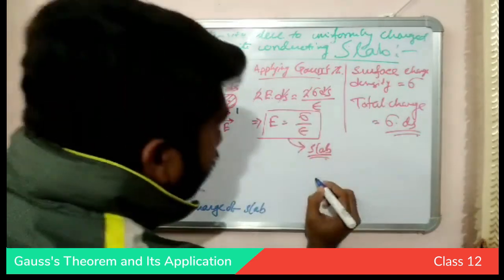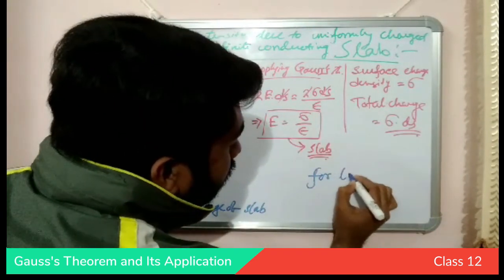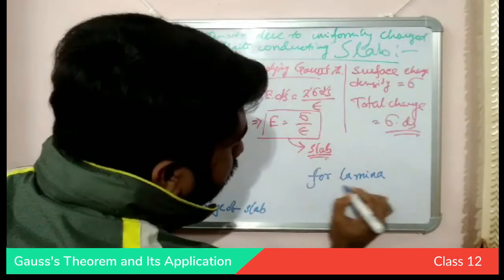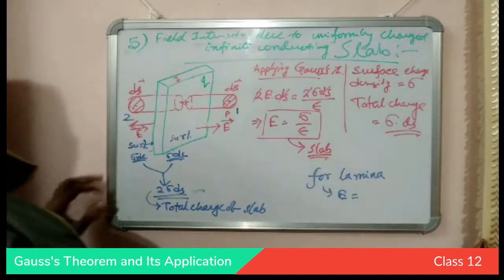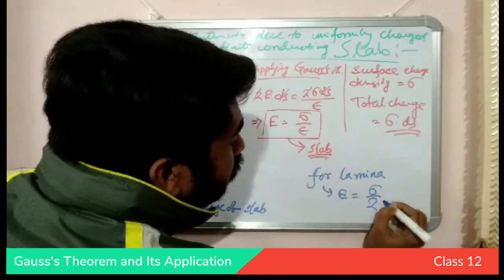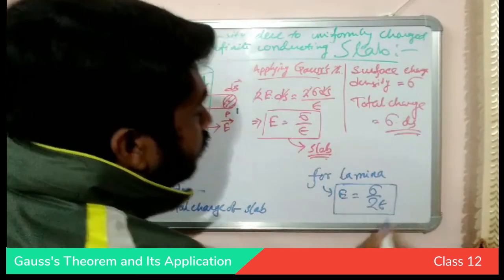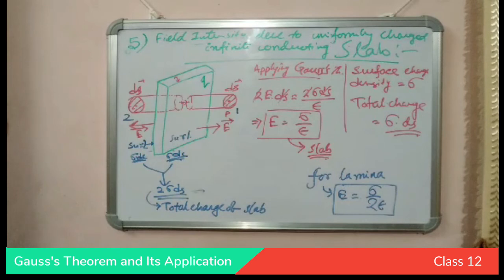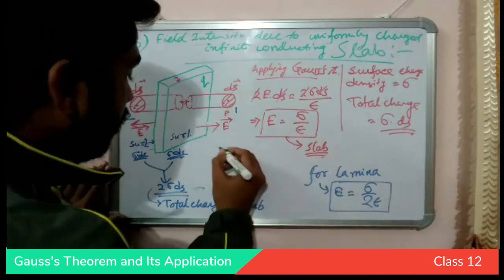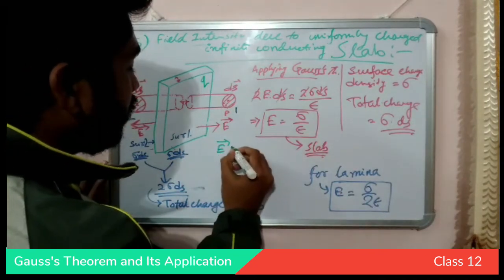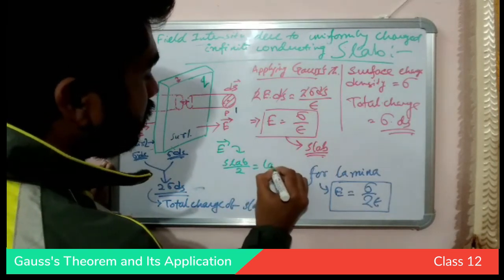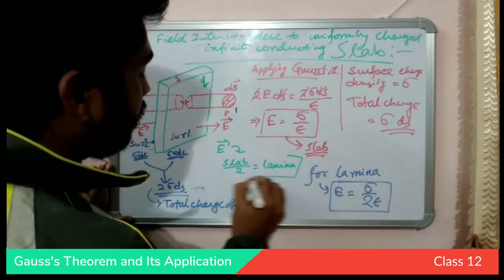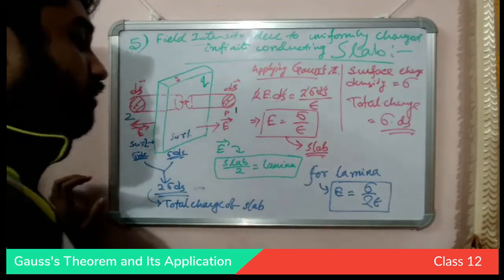And remember, for the lamina it was E equal to sigma by 2 epsilon. So we can write, remember, the electric field intensity of the slab by 2 equals that of the lamina. This relation is very important.